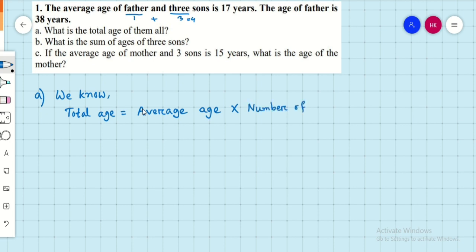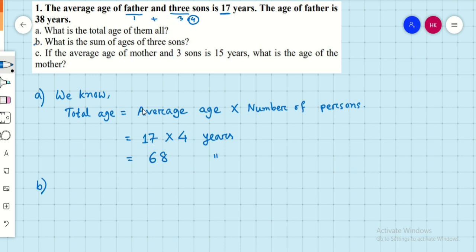The average age is 17 years, which is already given in the question, and there are 4 persons, 1 father and 3 sons. So 17 times 4 is their total age. If we multiply, 7 4s are 28, carry 2, 4 1s are 4 plus 2 is 6, so 68 years. This is the answer of A. I hope you understand. Now we move to the next question, question B.